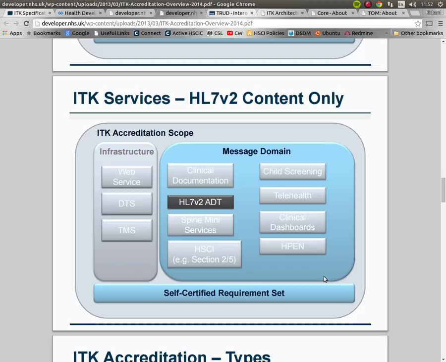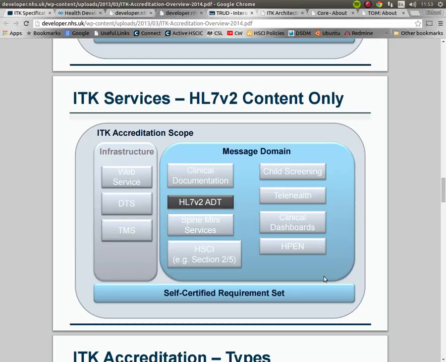reference point for implementations. And this is really just an acknowledgement that a lot of ADT messages that are passed around, particularly around an acute trust, for example, would be sat within that very minimal wrapper using MLLP protocol, and that something like web services, DTS, TMS, really they're probably a little bit too heavyweight for what's required, but there's certainly great benefit in having a single reference point and having a single definition for HL7V2 messages.